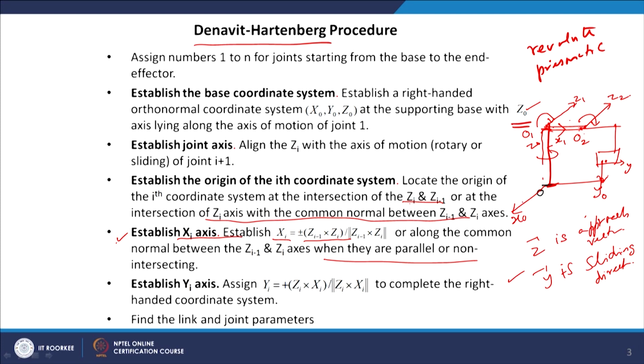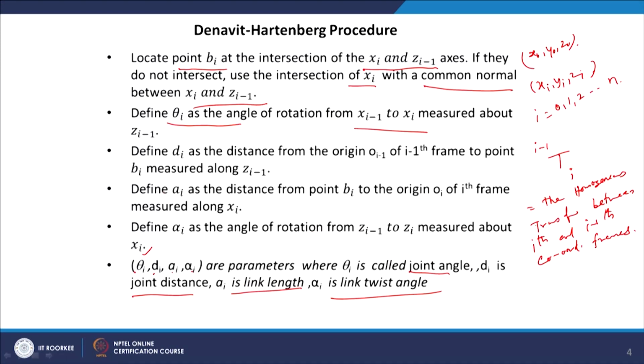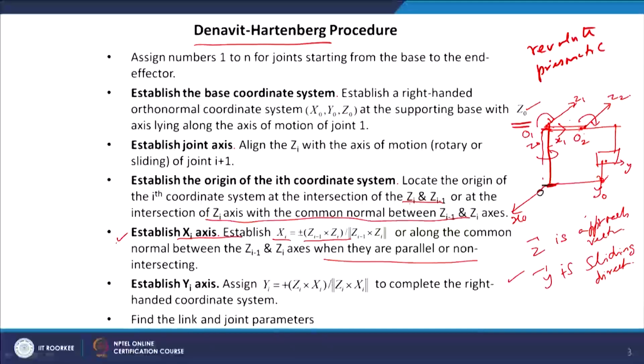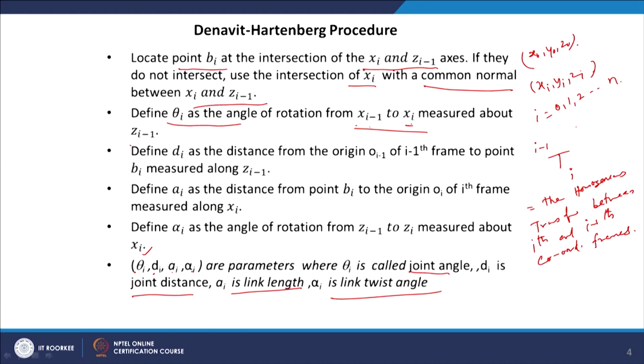Now, the theta 1, how to define theta 1? It is the angle between x0 and x1. If we put I equal to 1, so x0 here and then x1, the angle between them measured about z0 axis. So, how this x0 rotates about the z0 axis, so that x0 and x1 are parallel. So, that angle is called the theta 1 angle.